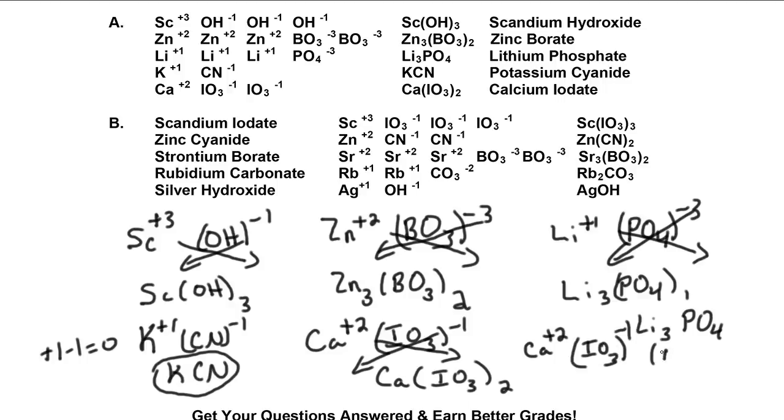So I'm going to need another one of those iodates in order to get to 0. +2 -1 -1 is 0, and so I'll have Ca(IO3) with subscript 2.